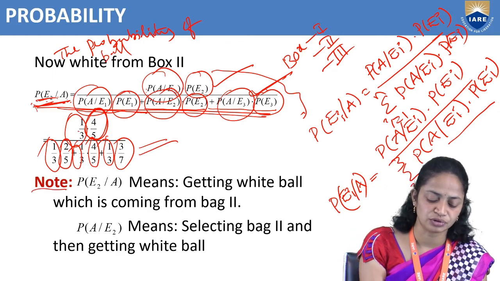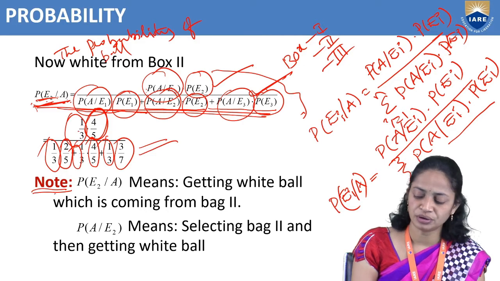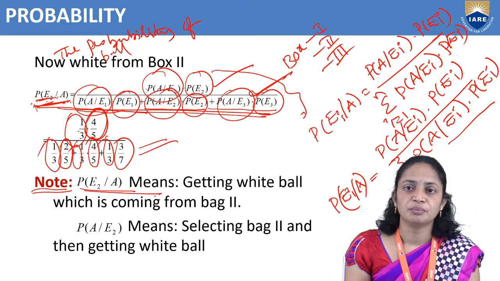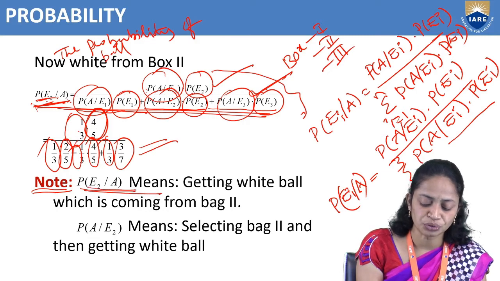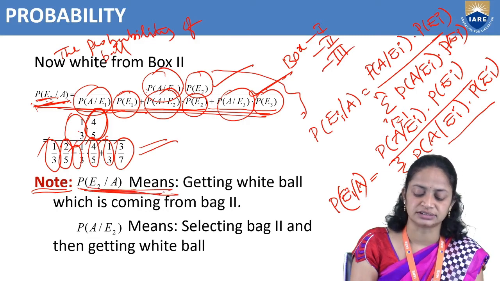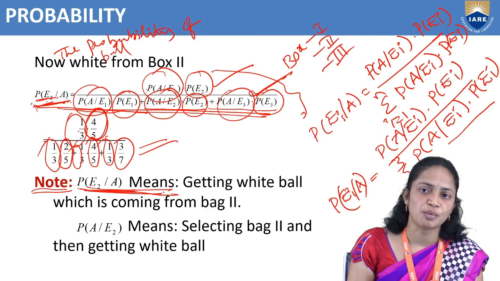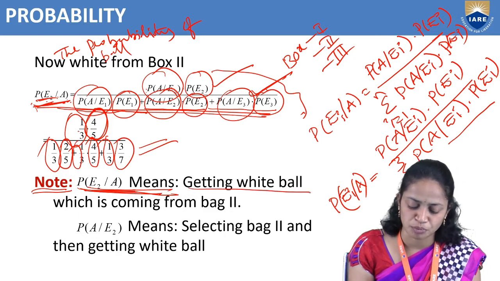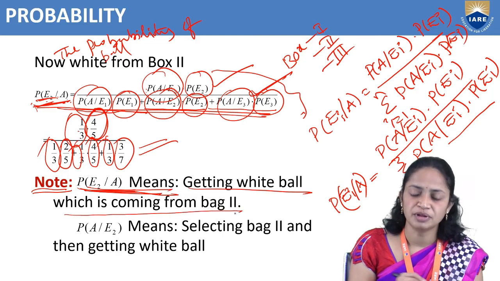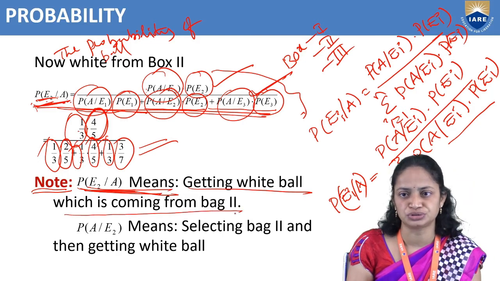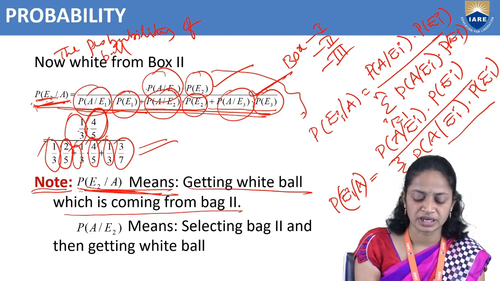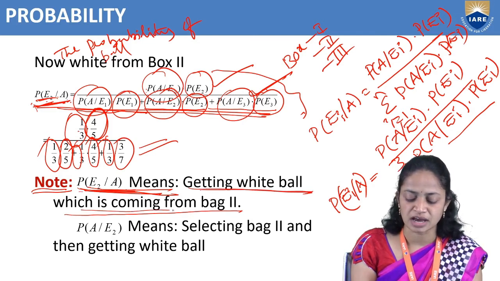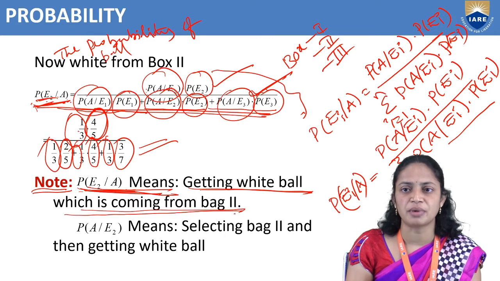So here is a note about the previous problem. A very important note: probability of E2 divides A means getting a white ball which is coming from bag 2 or box 2.